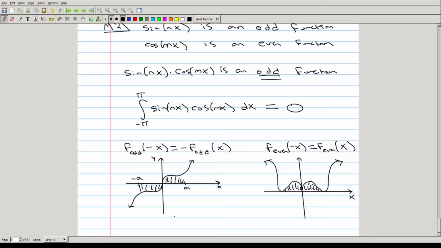For an odd function, the integral from negative a to a will be 0, whereas for an even function, the integral from negative a to a of f of x dx will always be 2 times the integral from 0 to a of f even of x.